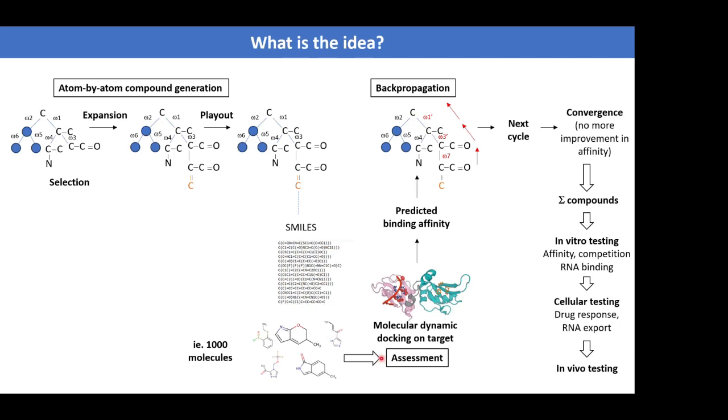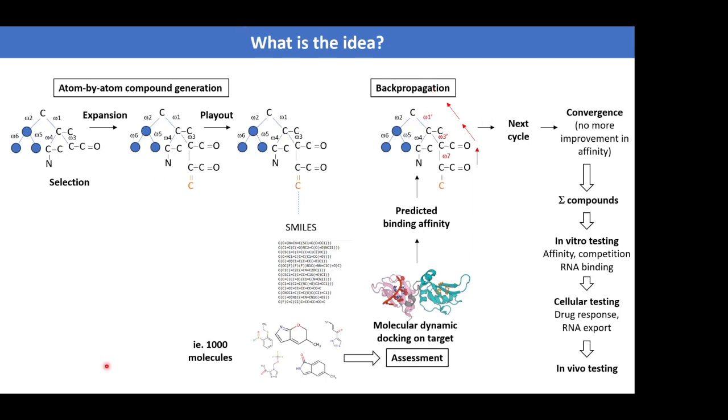Then you take these chemical structures, and we can generate, let's say, 1,000 molecules at a time, and we apply them onto our crystal structure, get a predicted binding affinity for these 1,000 compounds, and then this predicted binding affinity is given back to the algorithm, which through backpropagation, whether this was a success or not, decides to update its weights, which will then bias the decision-making for the next cycle and generate new molecules.